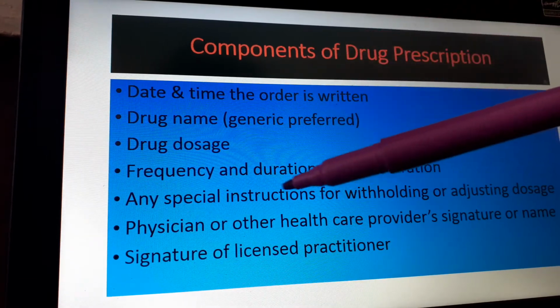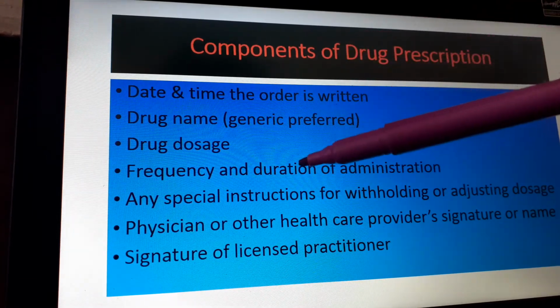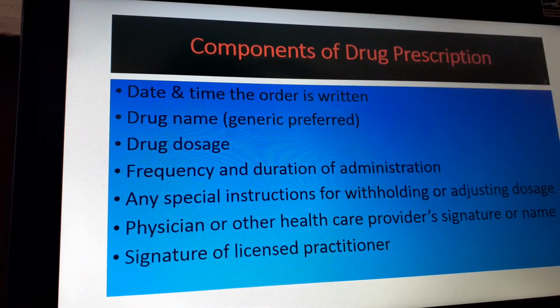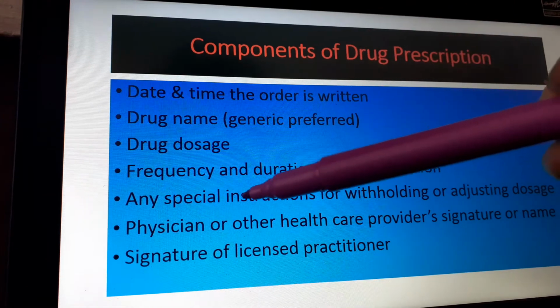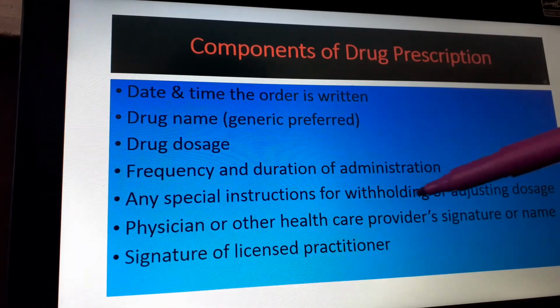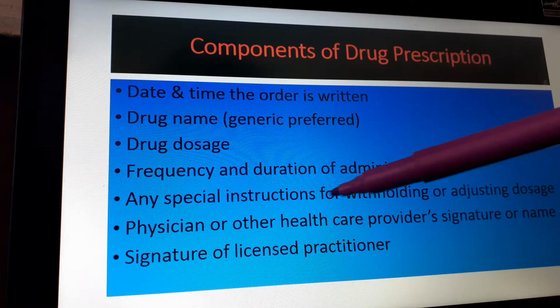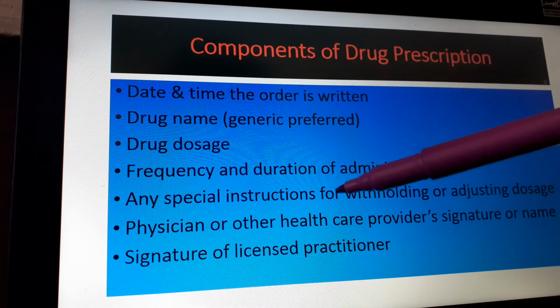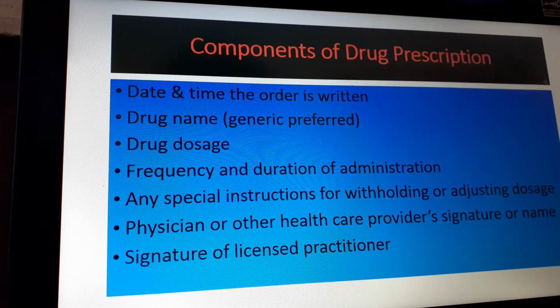The duration is the time it is going to be taken, whether 2 days, 3 days, or 24 hours, etc. And any special instruction for withholding or adjusting a dose should also be included in the prescription, for when you need to increase the dose, reduce the dose, or withhold it.